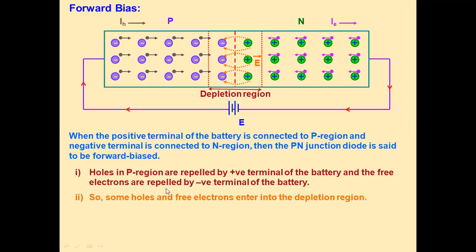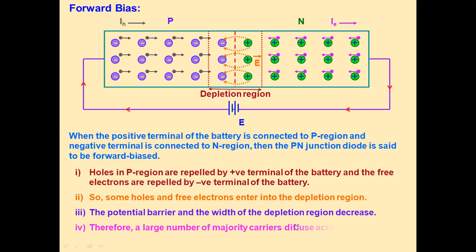The holes in the P region are repelled by the positive terminal of battery, and the free electrons are repelled by the negative terminal of battery due to the repulsive force. And due to this, these holes and electrons move towards the junction, and the width of depletion layer decreases.